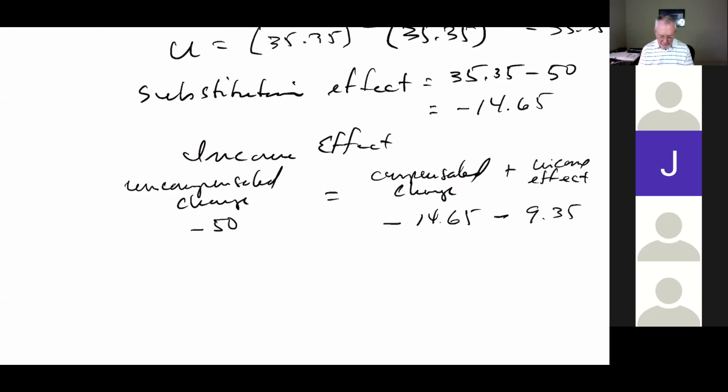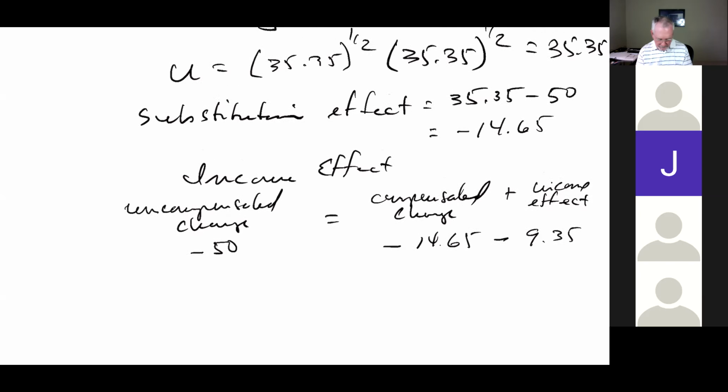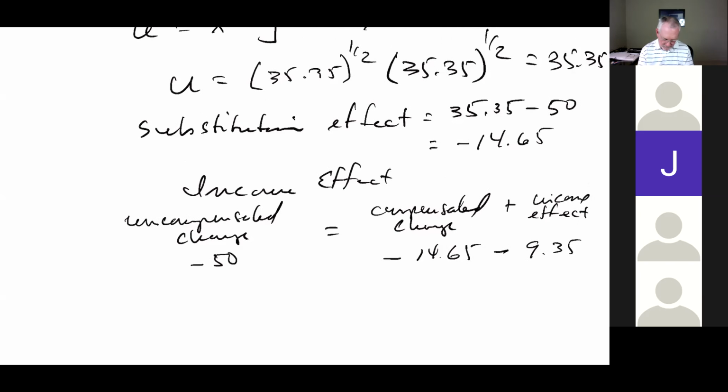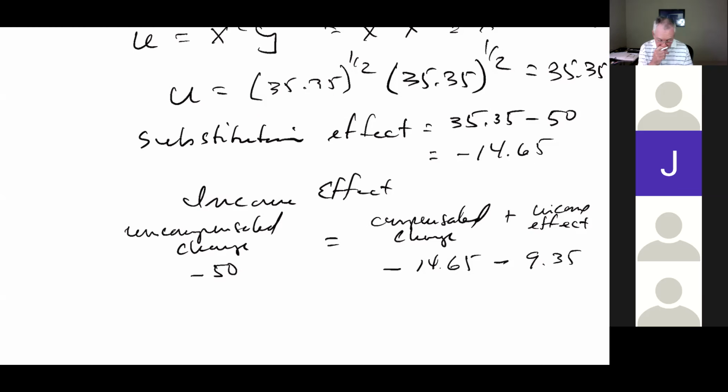And so these two together add up to the, just a second here. Uncompensated change, we said it was 50? No, it wasn't. It went from 100 to 50. So this must be whatever this works out to be.